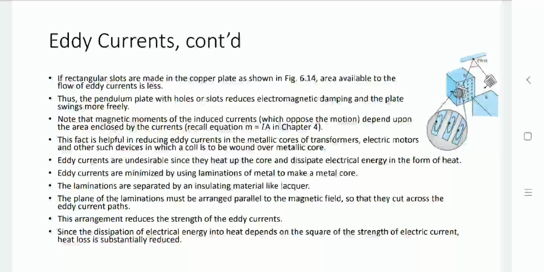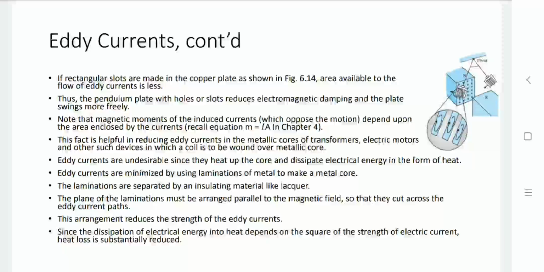As shown in the figure, the metal plate is divided into slots, and it is swinging between a fixed magnetic field between the strong magnets. Based on that, the contact area is reduced. So we can say that it reduces electromagnetic damping and it can swing freely compared to the earlier case.